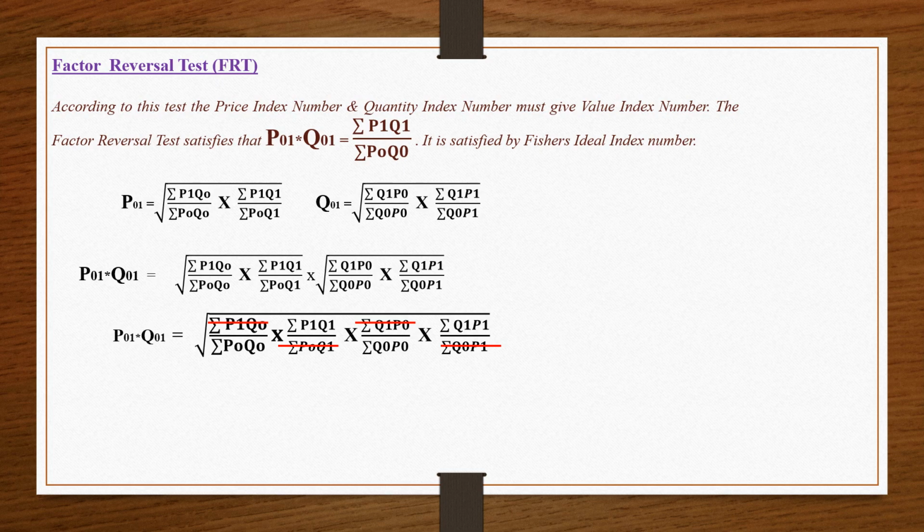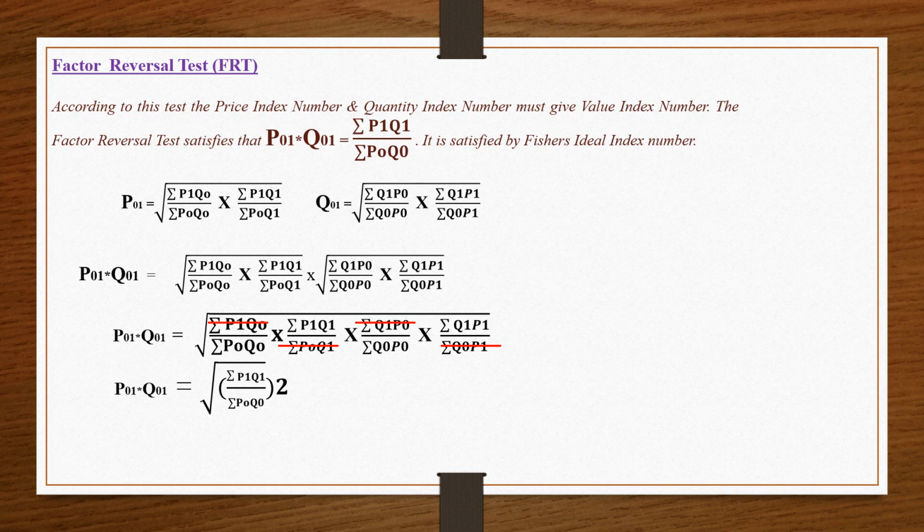Since these are multiplied, these values are supposed to be squares. So how do we write this collectively? P01 into Q01 is equal to square root of summation of P1 Q1 divided by summation of P0 Q0, whole square.